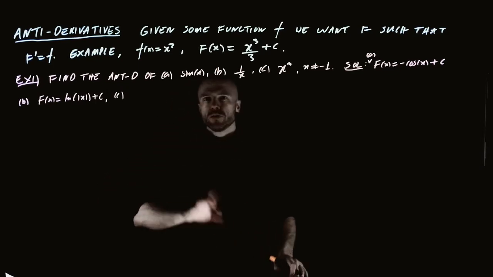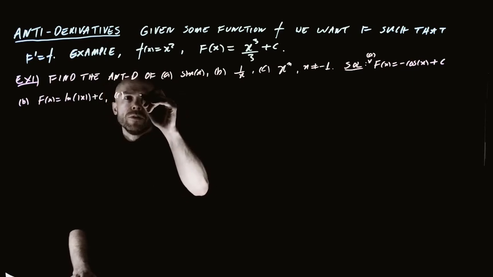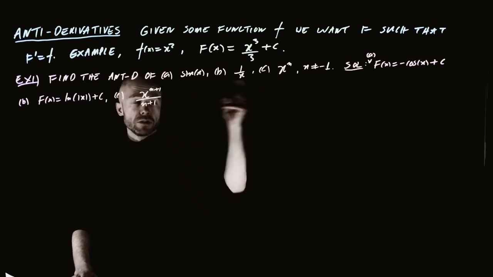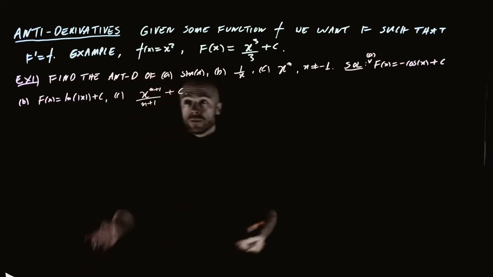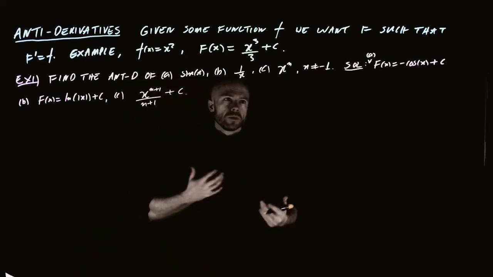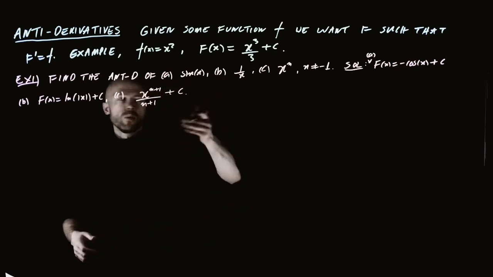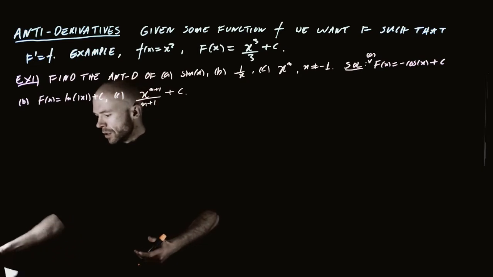So we're going to divide through by the constant that we don't want, which is n plus 1. Then when we differentiate it, it does exactly what we want. It gives us x to the n. And again, we can just add c.